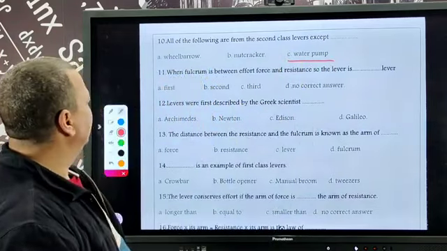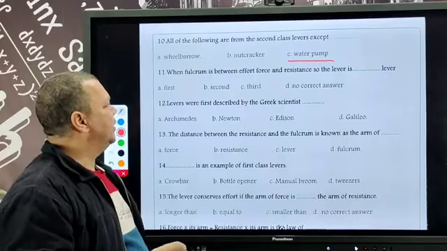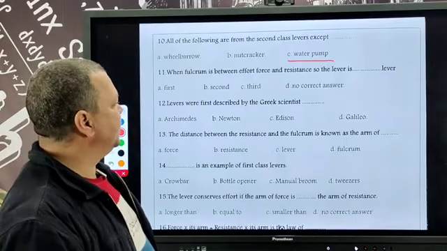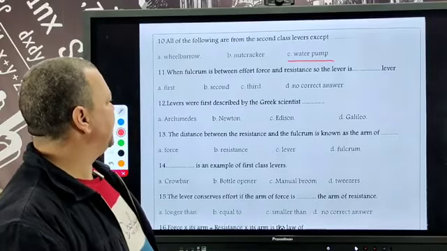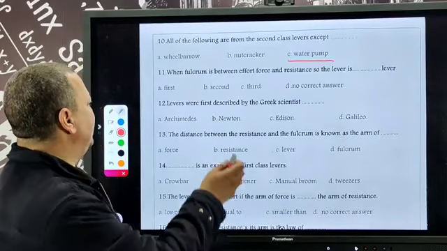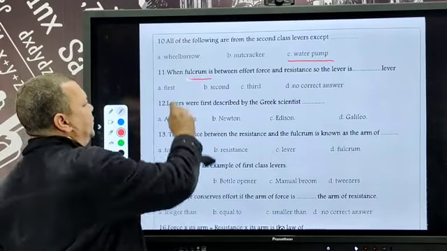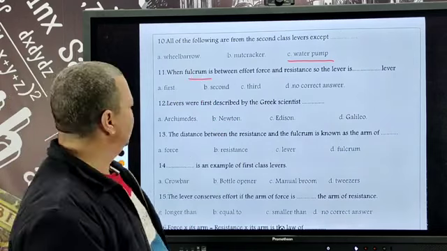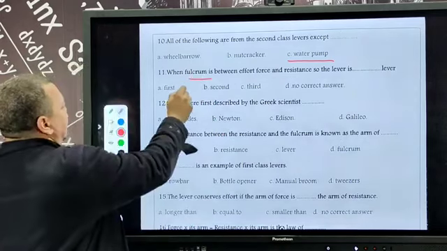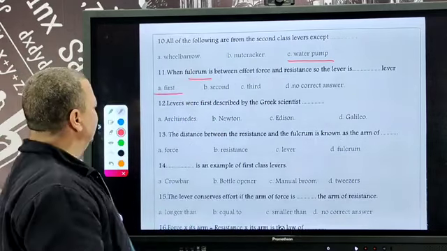Question 11: when fulcrum is between effort force and resistance force so the lever is space. fulcrum in the middle between effort force and resistance force, so it will be from first class lever.